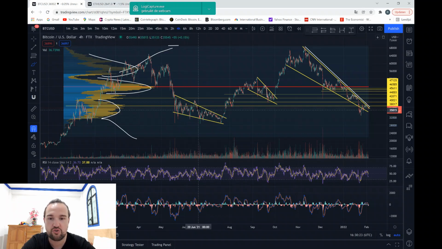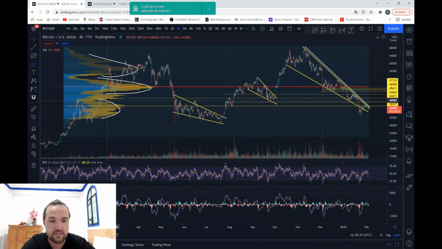So now I just took really the top and the bottom of the price action that we have seen from 2020 on. So this is quite a long time.